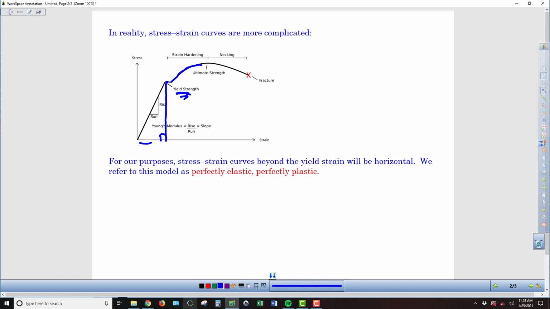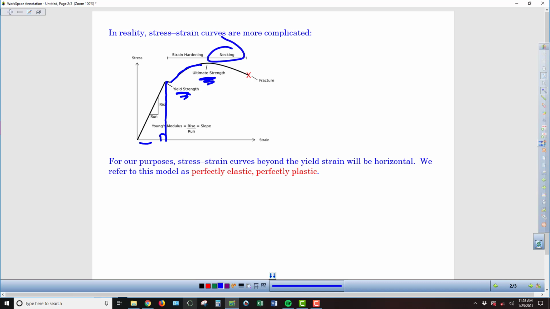Once we reach the ultimate strength, that highest stress level that the material can absorb, then we start to see the material start to yield. If you imagine pulling on a plastic bag or something, there's a highest level of stress that it's going to be able to withstand, and then eventually the material is going to start to really stretch.